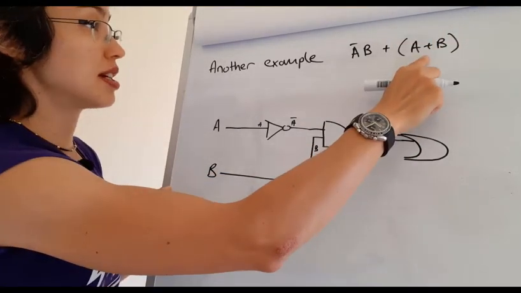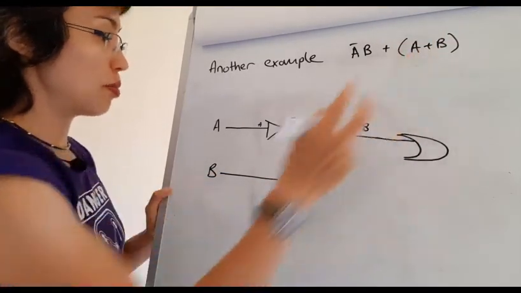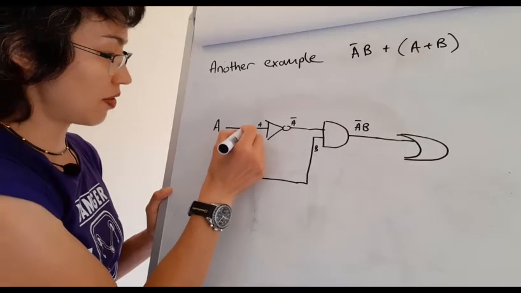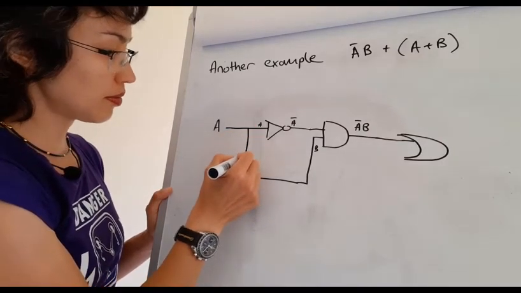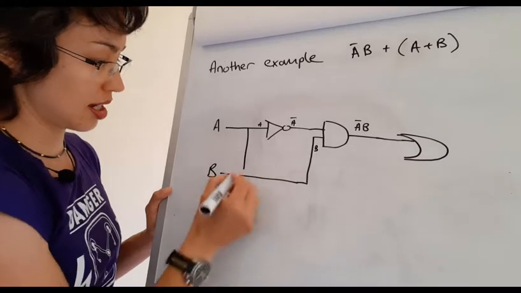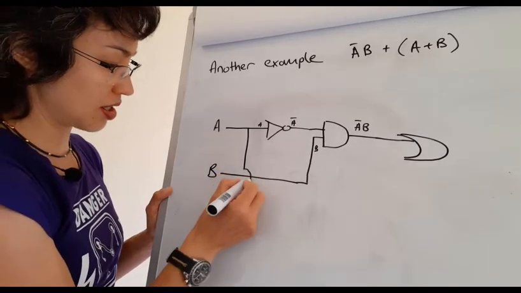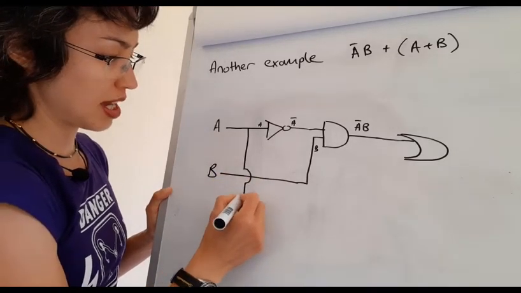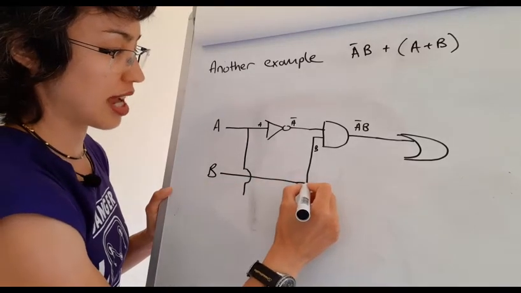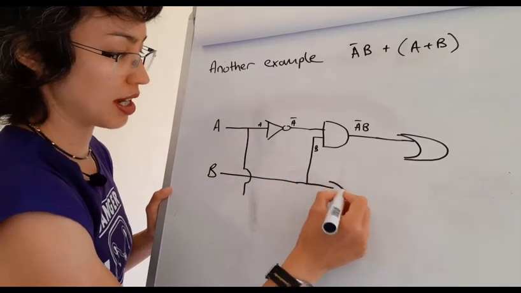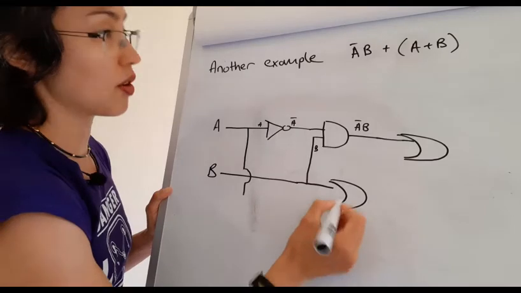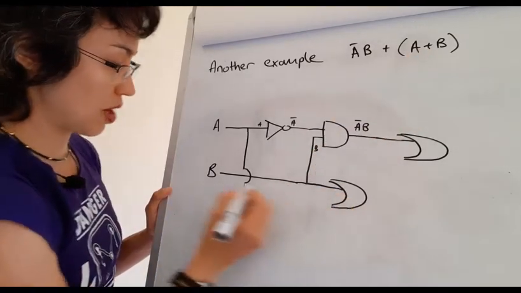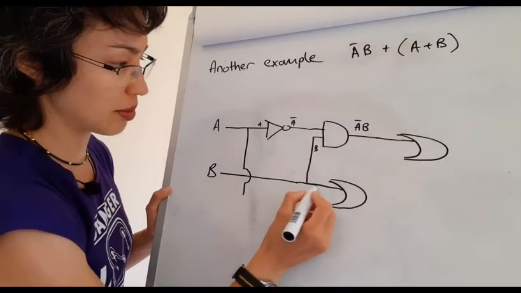So what happens here? Well, I have an A or B. So I need to tap off from A. Let's see, I'll draw that over here. So let's just jump over that one. And then I also need to tap off from B. So here I can have another OR gate where this is B here. So B is coming all the way through.